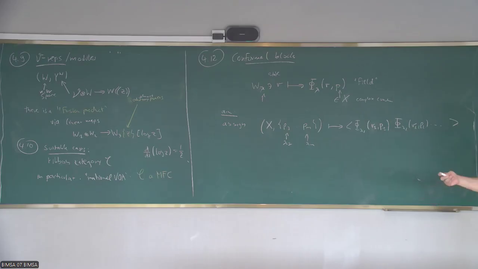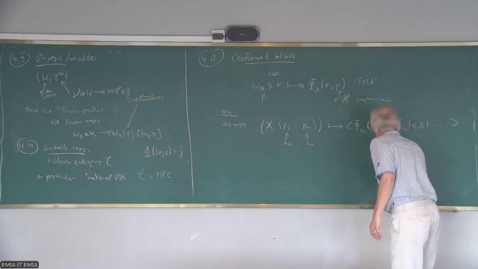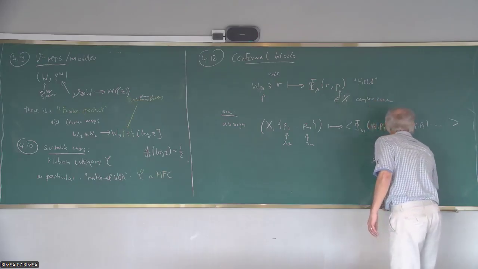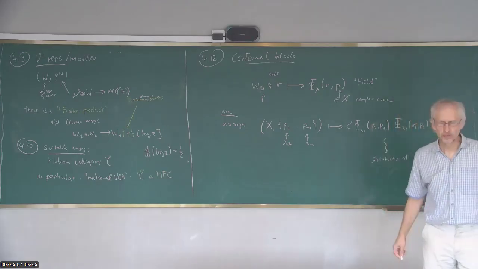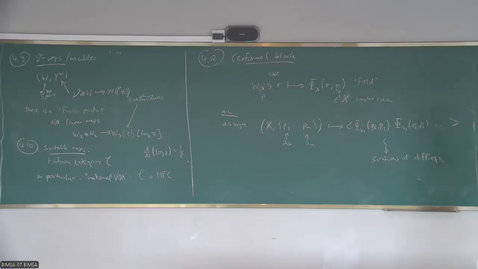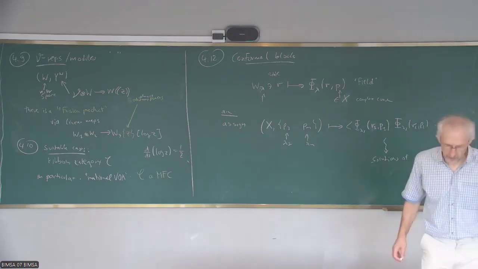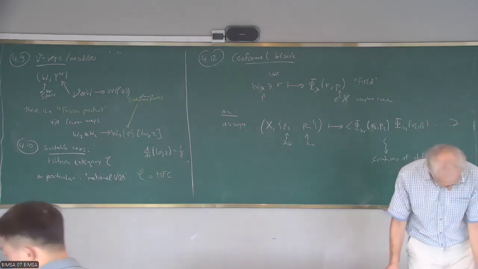These are called Ward identities, and then you get these vector spaces of conformal blocks as solutions of differential equations. That's the only thing that will matter. In the situation of rational conformal field theory, but also quite a bit beyond, this will be finite dimensional.